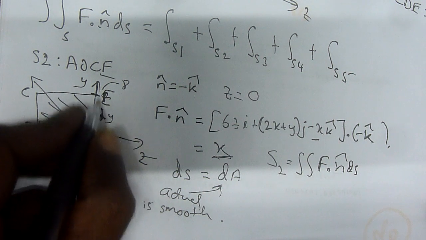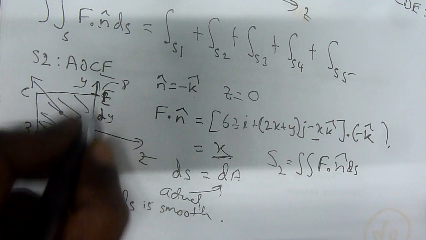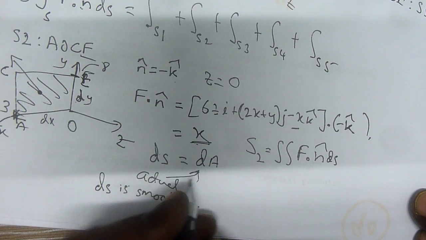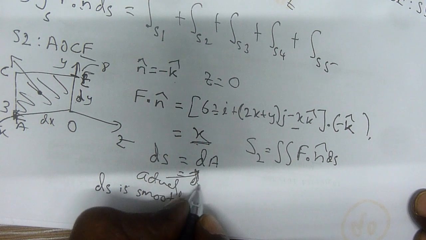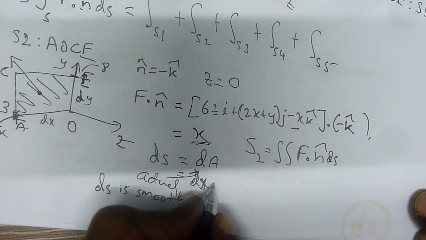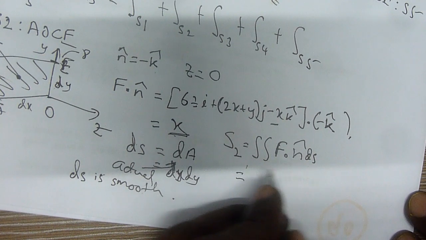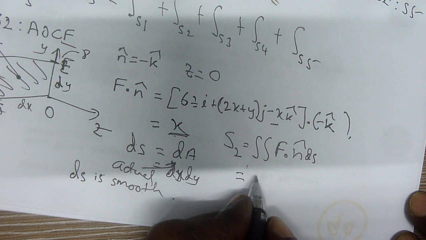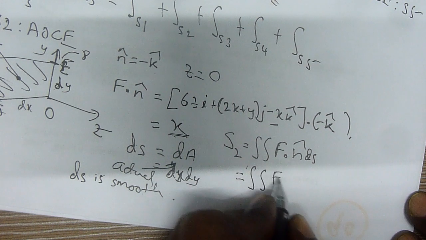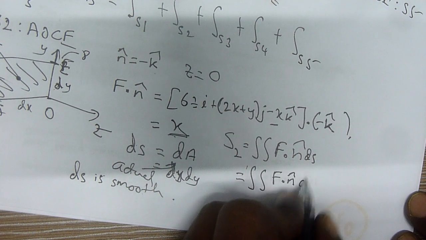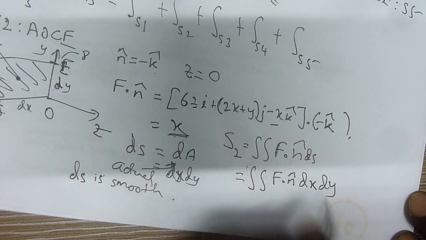Therefore dA is equal to dx dy. Therefore, can I write this again? This combination, F dot n dx dy.